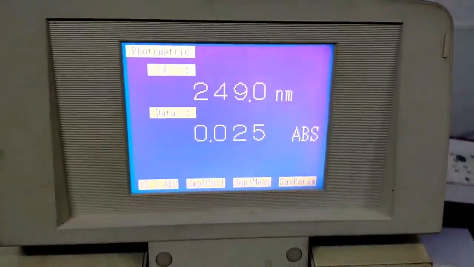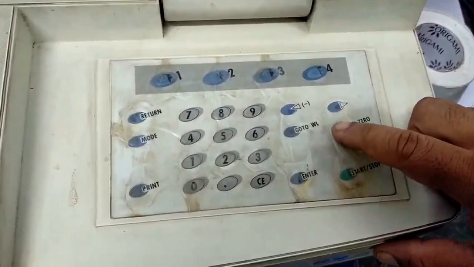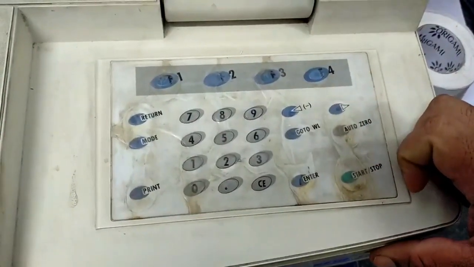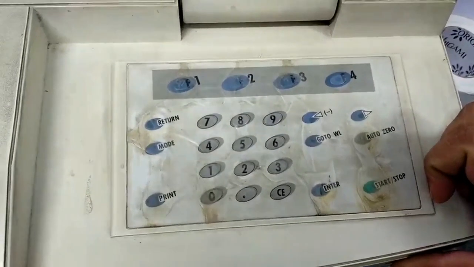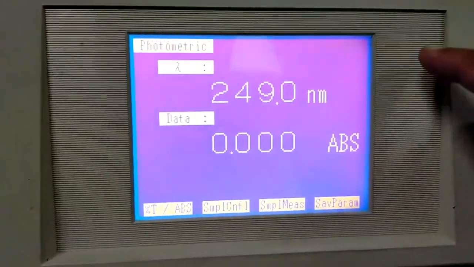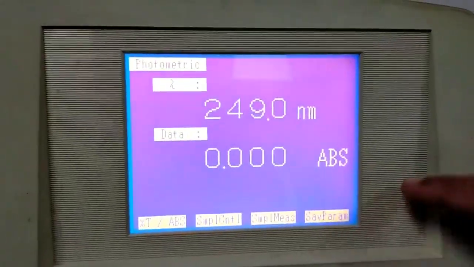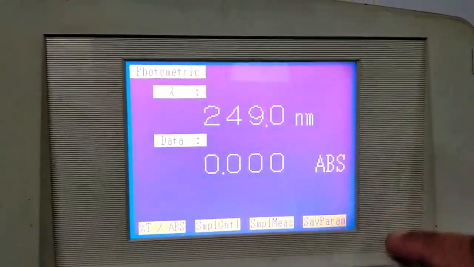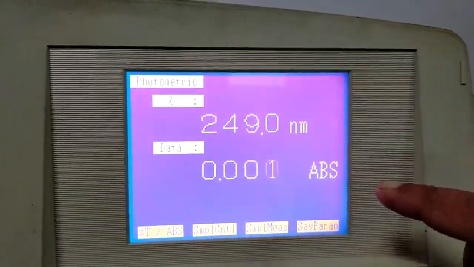So first we have to move to auto zero so that the error associated with the solvent is nullified. You will find that the sample is not showing any absorbance. It means the system is kept in auto zero mode.